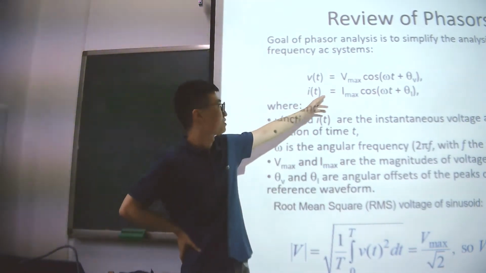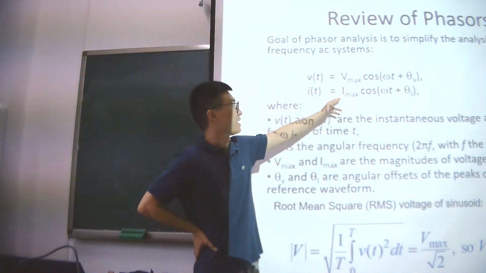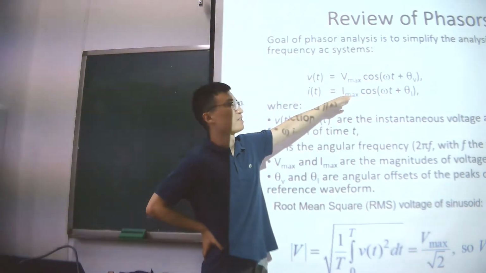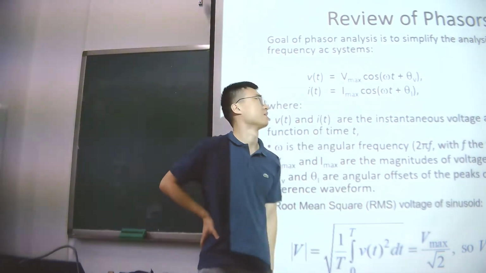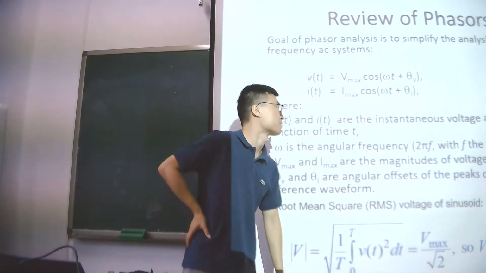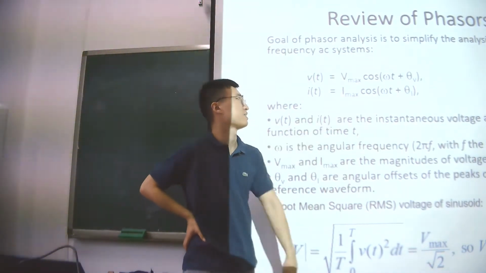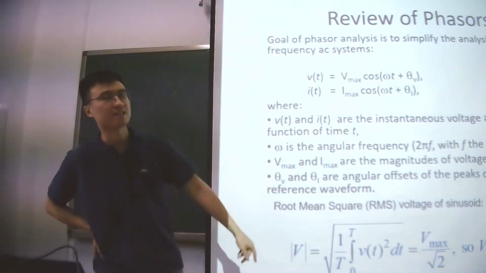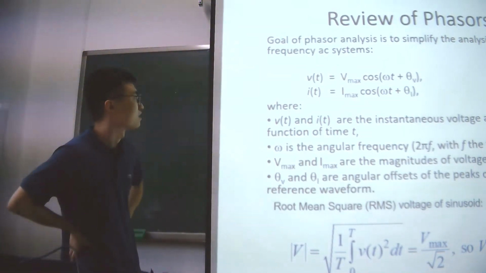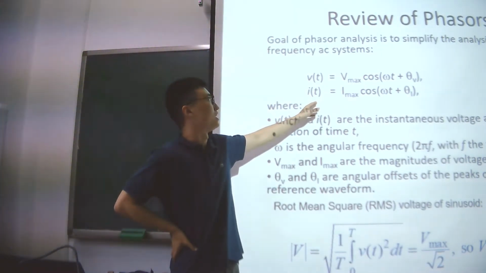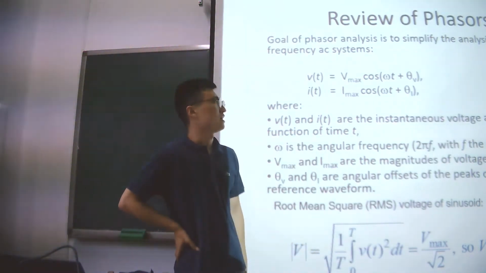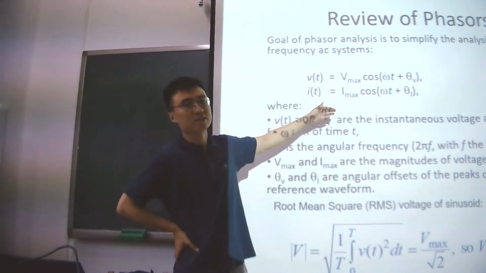This is the time domain, and the max amplitudes of the voltage and the current, with sinusoidal or cosine functions like this. So in the time domain, the voltage and the current will be the instantaneous expressions.